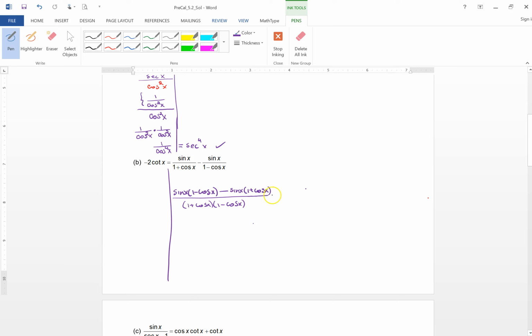Okay, next I'm going to distribute the sine x here and here. So I'm going to get sine x minus sine x cosine x minus sine x minus sine x cosine x all over 1 plus cosine, 1 minus cosine is 1 minus cosine squared x.